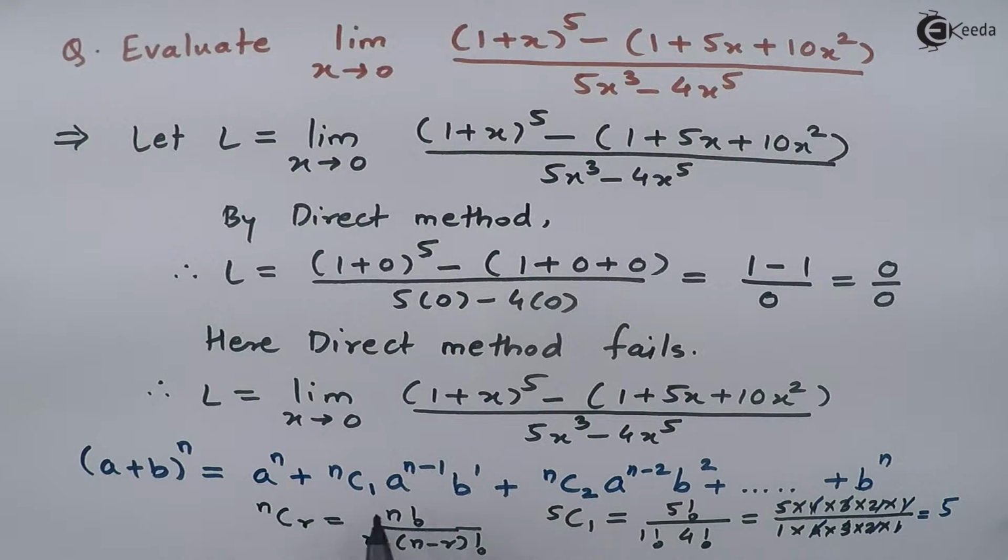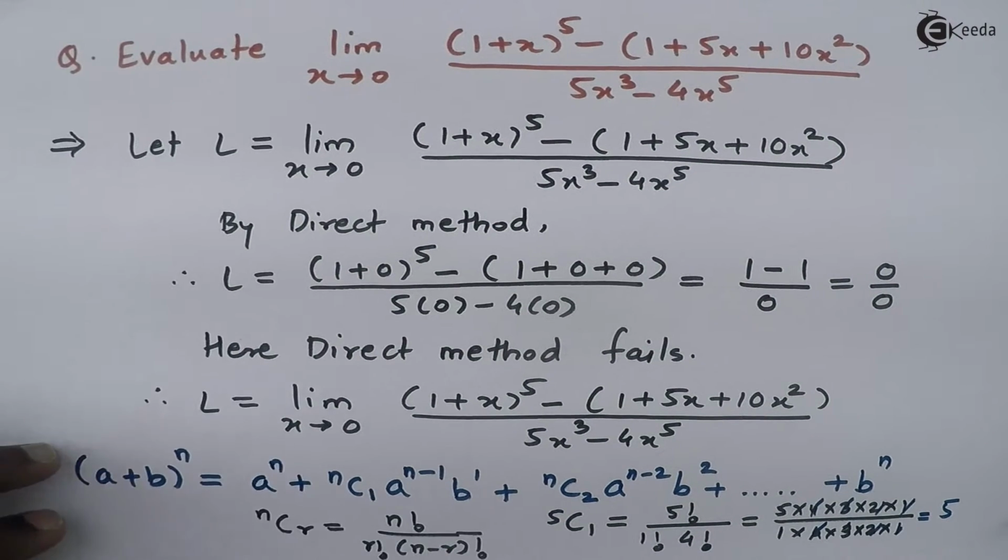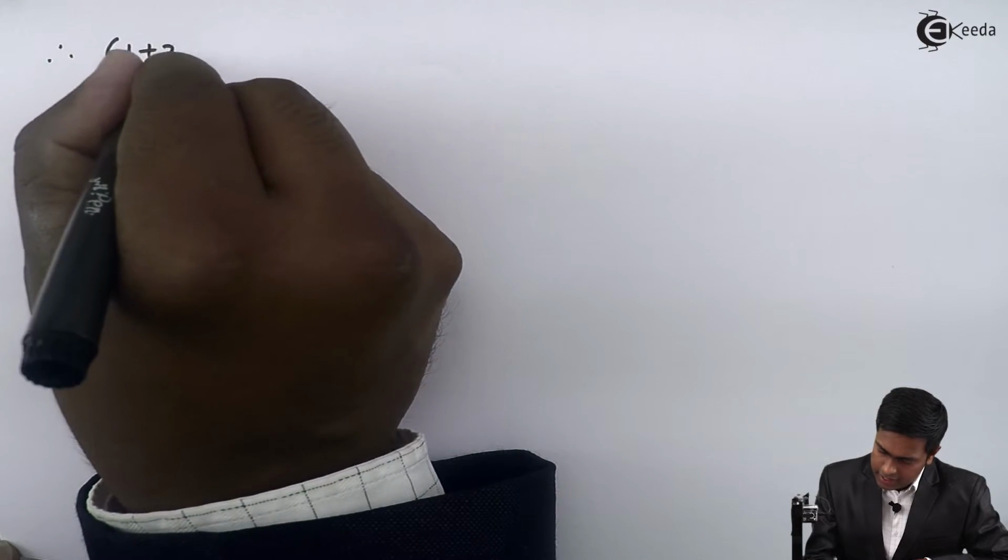So by using this formula we will find the different values like nC1, nC2, nC3 and so on, and we will apply this binomial formula on the first term. So let's start with it. Therefore we have 1 plus x raised to 5.